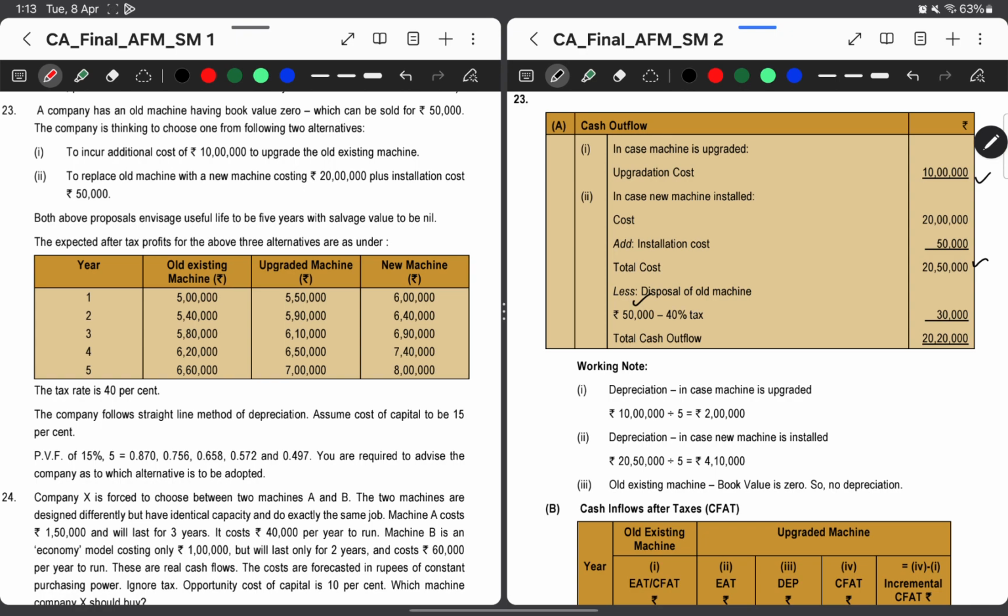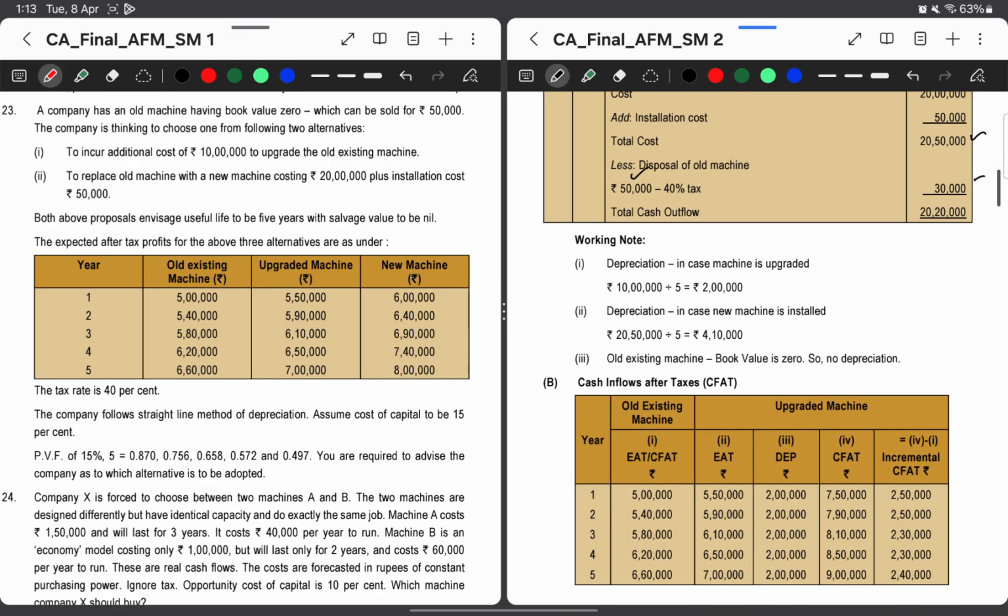Then we have to pay tax on that at 40%, which we have to reduce, which is coming to 20,000. Here they have given net of 50,000 minus 20,000, 30,000. That is also fine. If in case they have given any book value, then we have to reduce the book value from this sale value, and to that extent reduce the tax portion.